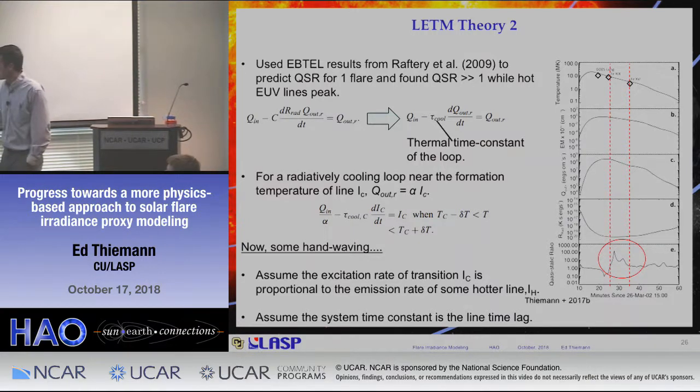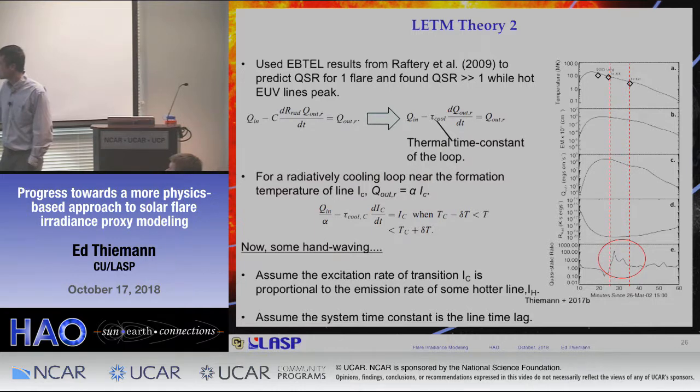And so now we're going to do a little hand waving, and you'll have to bear with me here. But I'm totally aware I'm waving my hands. So we're going to assume the excitation rate of transition IC, the excitation of it into its excited state, the rate that it's being put into its excited state, is proportional to the emission rate of some hotter line, IH.